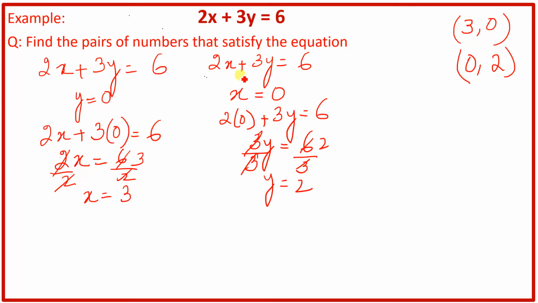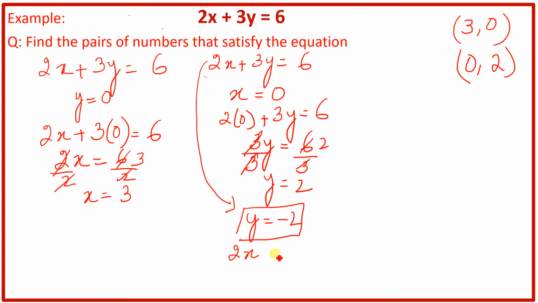Now again one more time, you can take any arbitrary value. Suppose I say y is equal to -2. Then we can solve for x. 2x plus 3 into -2 is equal to 6.